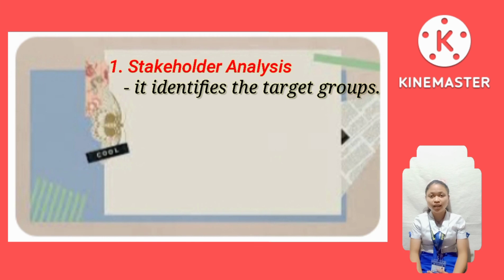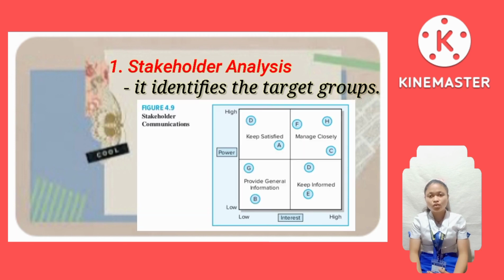First, we have the stakeholder analysis. Stakeholder analysis identifies the target groups. Let's take a look at the figure. It is a sample of a stakeholder communication. Some of the stakeholders may have the power either to block or enhance your project.